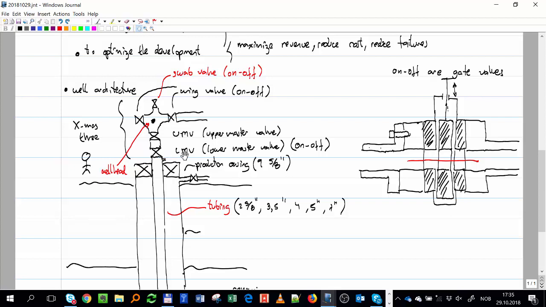So the reason why I have these two valves is that this is the main barrier, protecting the well, everything that is below the surface, from the rest of the system. I have two barriers for redundancy, one manual, one automatic, in case the other fails. But then if I want to measure that pressure, I need another valve to close.